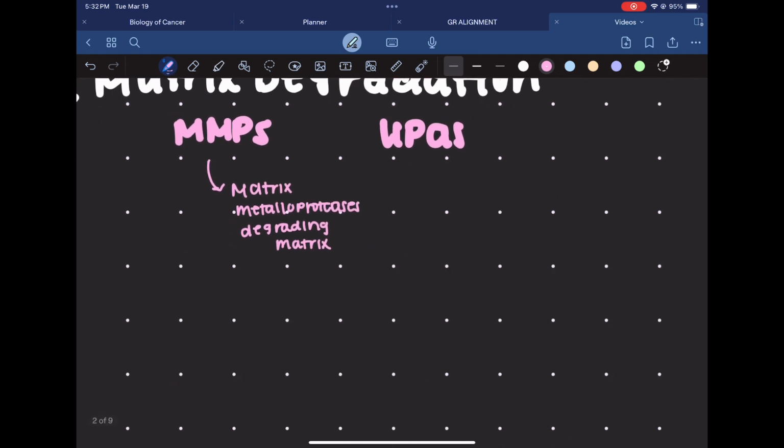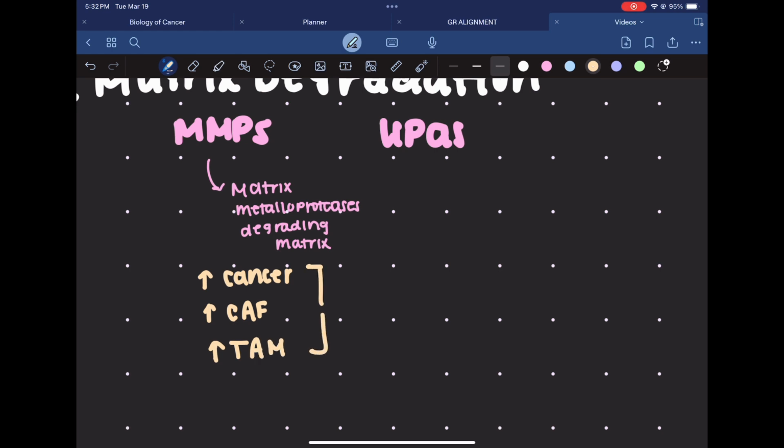And in this step, they're produced by a couple different cell types. They're going to be produced by cancer cells. They're going to be produced by cancer-associated fibroblasts. And they're going to be produced by tumor-associated macrophages.